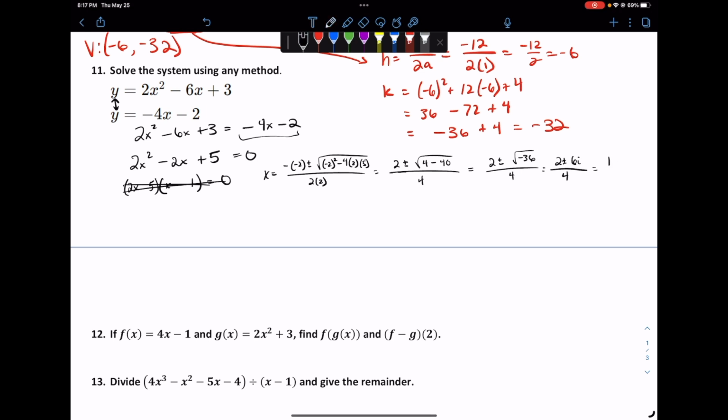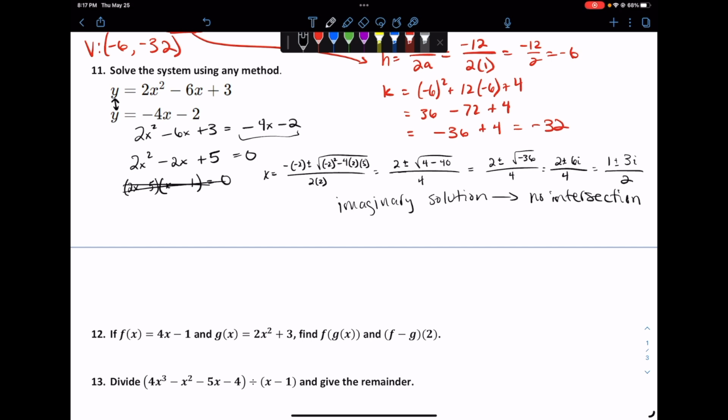So we got 1 plus or minus 3i over 2. So because this is an imaginary solution, these will not intersect. So imaginary solution, no intersection.